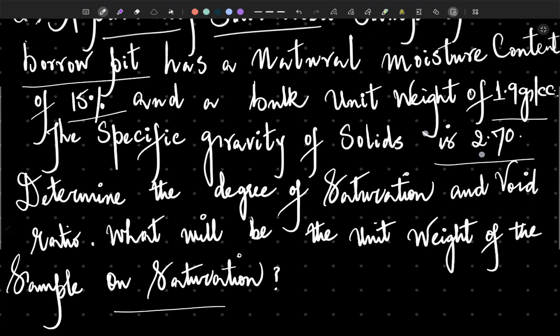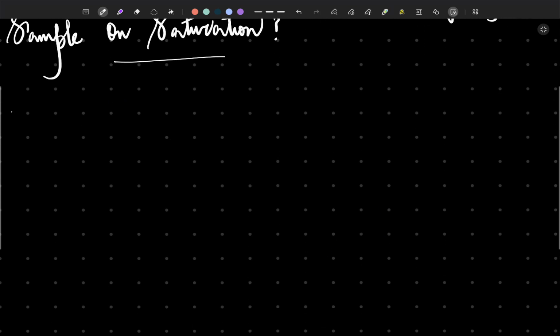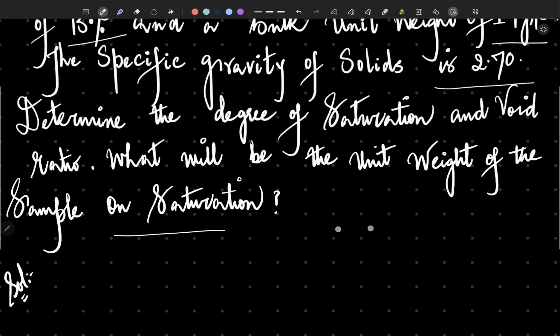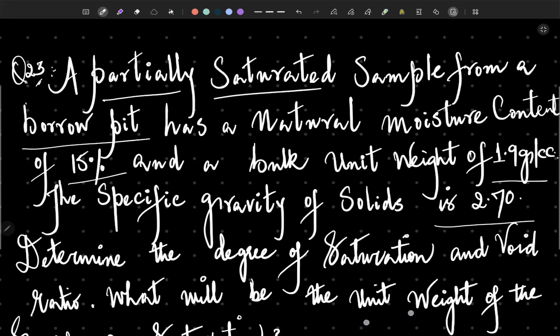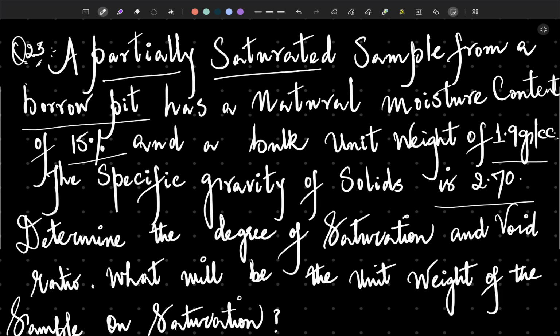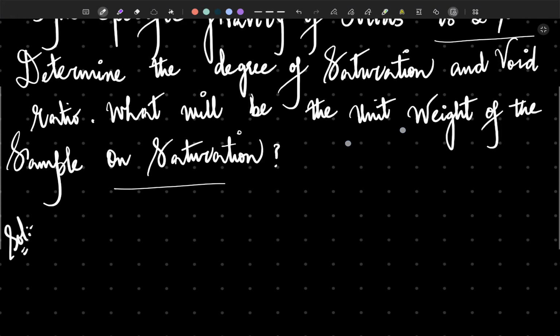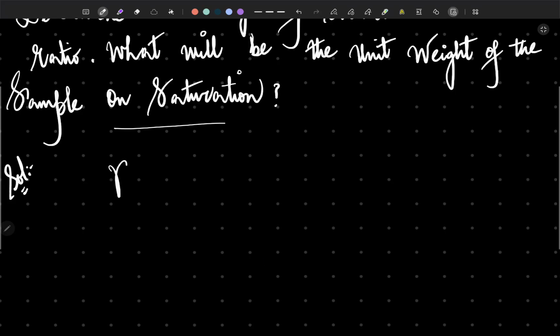Let's solve Part A first. All right, so let's have a quick look at the data given. Soil has a natural moisture content of 15% and a bulk unit weight of 1.9 gram per cc. Let's find the dry unit weight first. Dry unit weight is bulk unit weight divided by 1 plus water content.